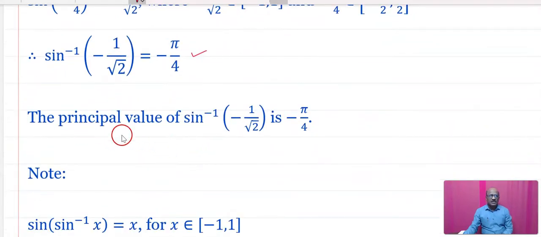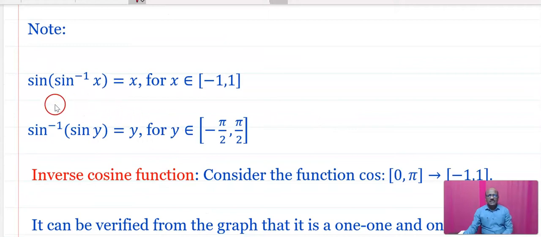The principal value of sine inverse of minus 1 by root 2 is minus pi by 4. Note that sine of sine inverse of x is equal to x, where x belongs to the closed interval minus 1 to plus 1, and sine inverse of sine of y is equal to y, where y belongs to minus pi by 2 to plus pi by 2.